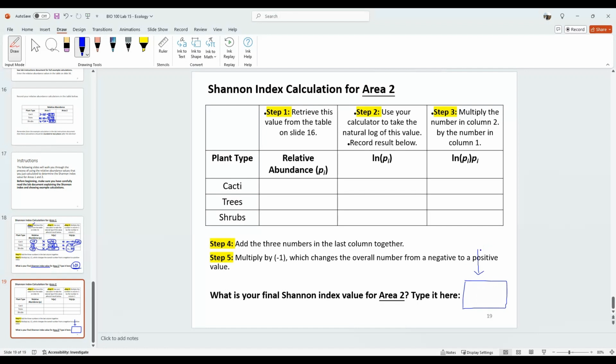And remember, that's ultimately what you're going for in this lab, is to figure out which area has greater biodiversity. So then you'll want to save this PowerPoint with the numbers that you've input into it, and you'll upload it back to Blackboard as part of the assignment and answer a few additional questions, and that will be the end of this lab.